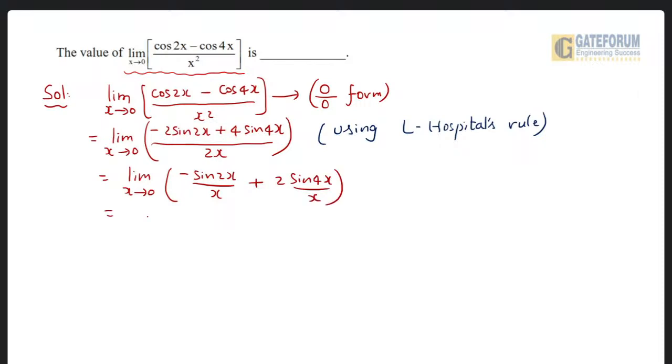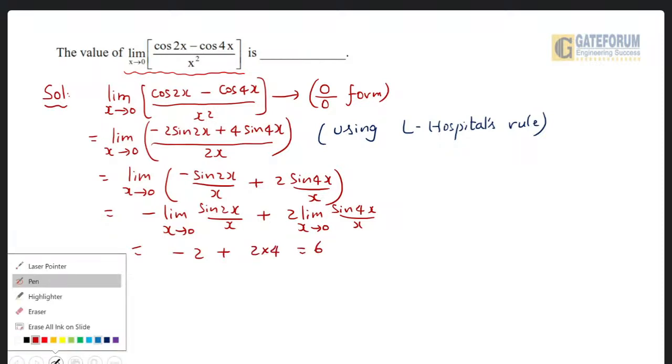So this is minus limit x tends to 0 of sin 2x by 2x plus 2 times limit x tends to 0 of sin 4x by x. So this is minus 2 and this is 2 into 4, which simplifies to 6.